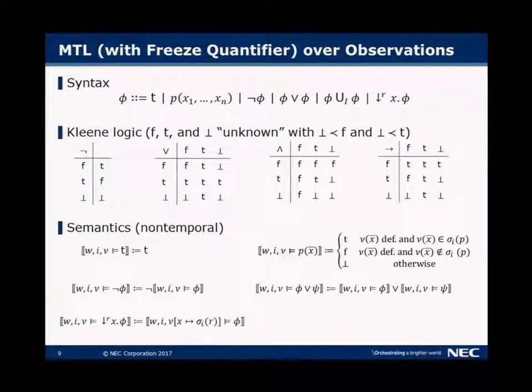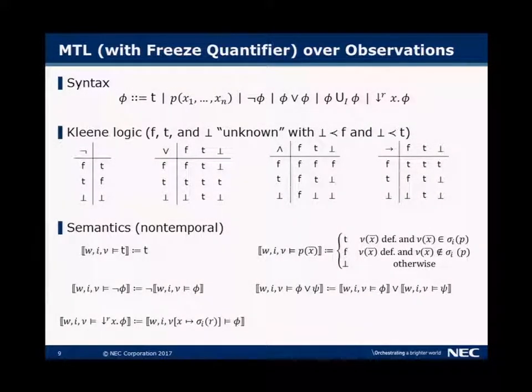True is true everywhere. For a predicate, we first need to check whether the valuation is in the given interpretation of the predicate symbol, but we can only do this if it's actually defined. Otherwise, it's unknown.